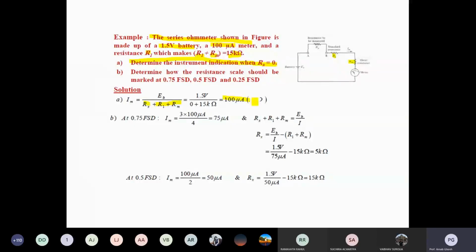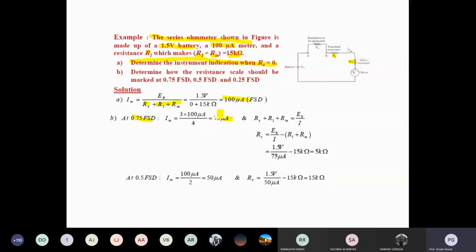At 0.75 FSD you have to know that value. It will be 75% of that 100 microampere, so it is 75 microampere. The EB value is given, so you can directly use the formula.